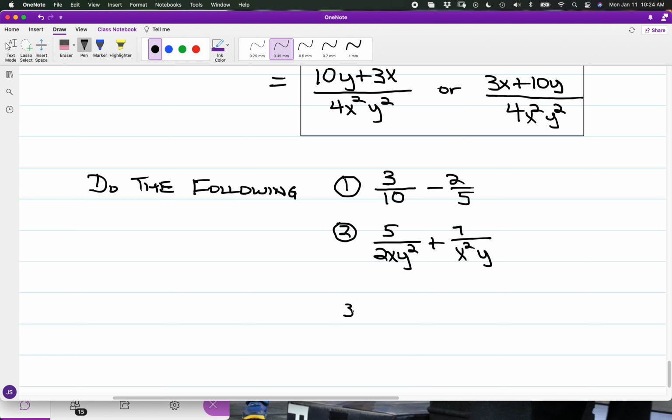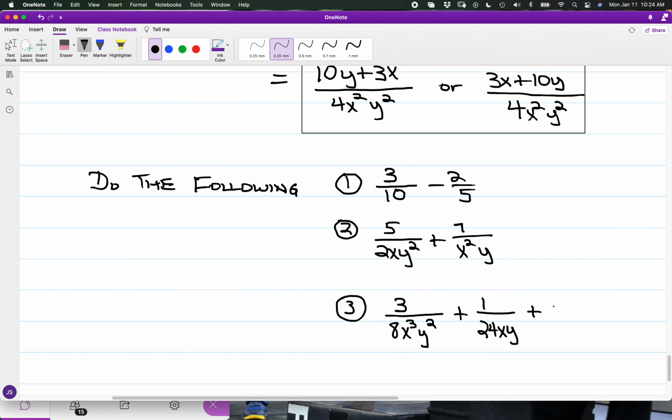And then we'll have in the mix, and this one is kind of tricky, 3 over 8x cubed y squared plus 1 over 24xy plus 3 over 27x to the 4th y to the 3rd.